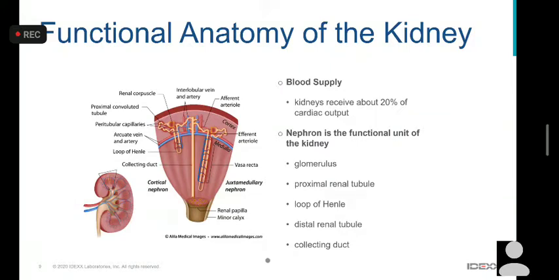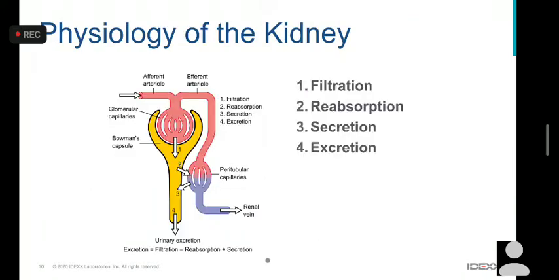If we then go down to the physiology of the functional unit, we have filtration, reabsorption, secretion, and excretion. This is particular to the glomerulus. So there's a lot of things happening. This kidney is doing a lot of different things. If you look at the kidney's role in acid-base homeostasis, the kidney is the one organ that is capable of up and down regulating bicarb.